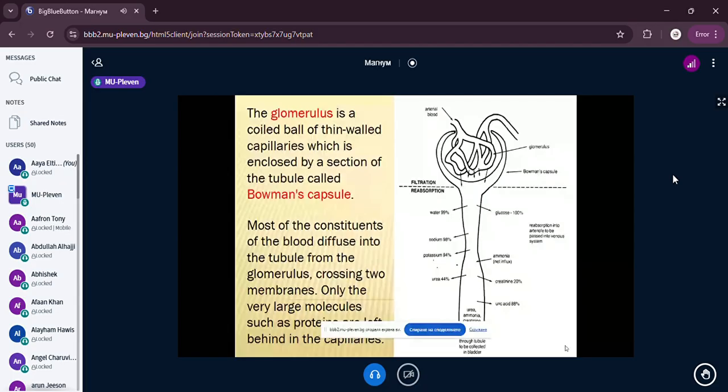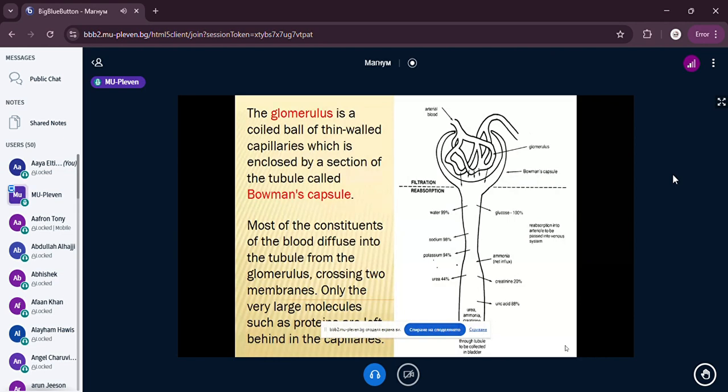In the glomerulus, we have capillaries, and you see that substances that need to be transported to the tubule must cross two membranes.